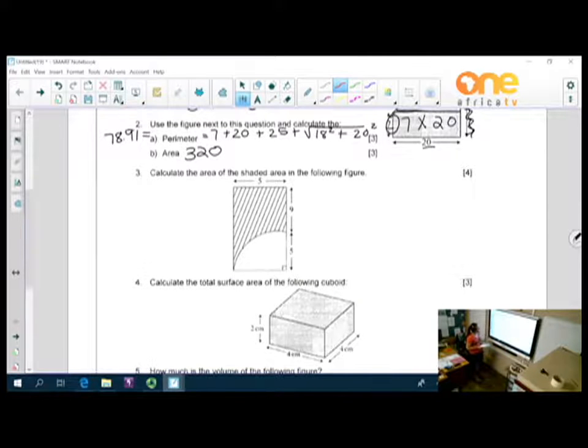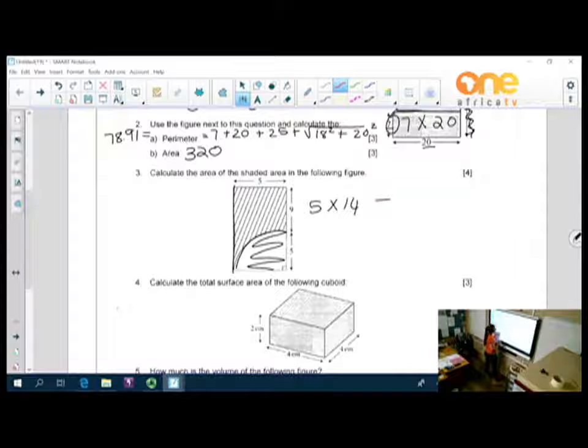Number 3, calculate the area of the shaded area in the following figure. First of all, we need to get this side. 9 plus 5 is 14. So just get the total area of the entire box. That will be 5 times 14. Then we will subtract this part which is not shaded.